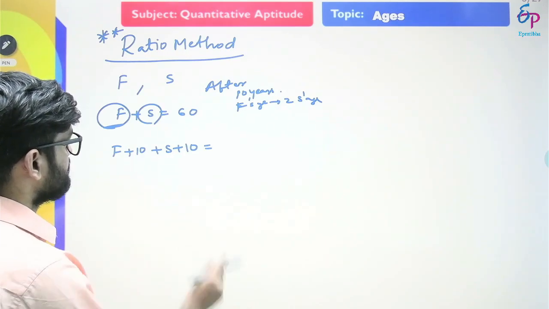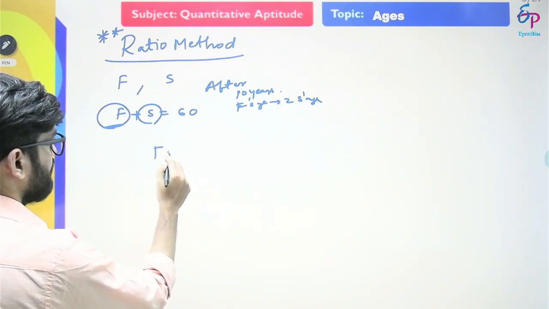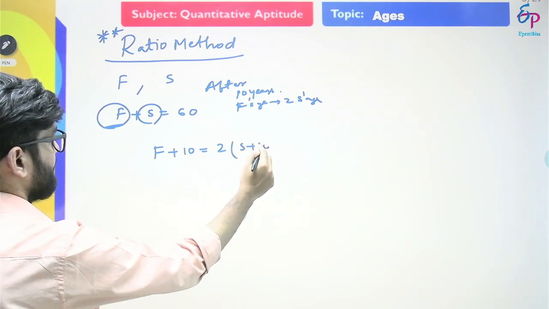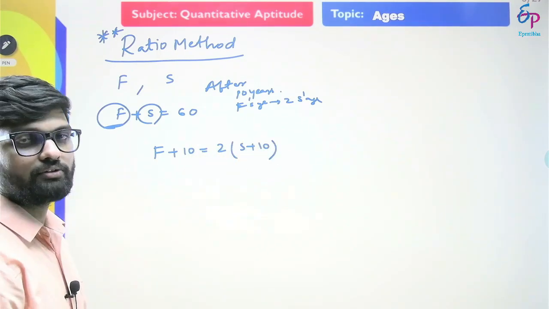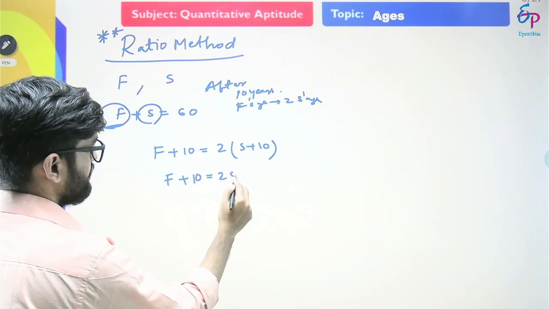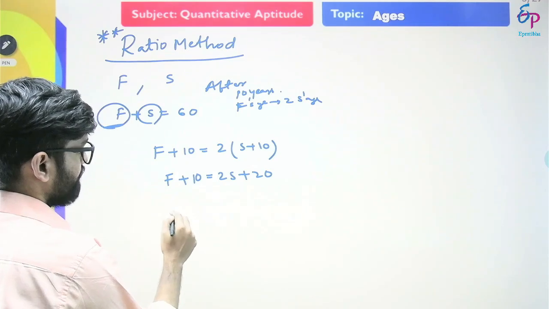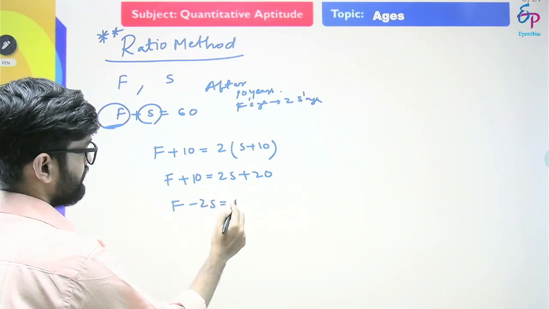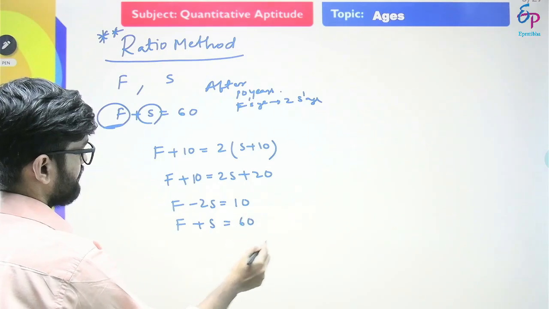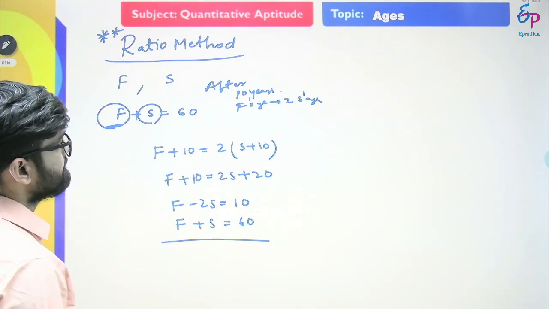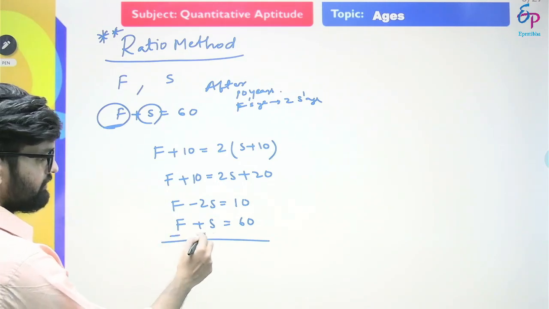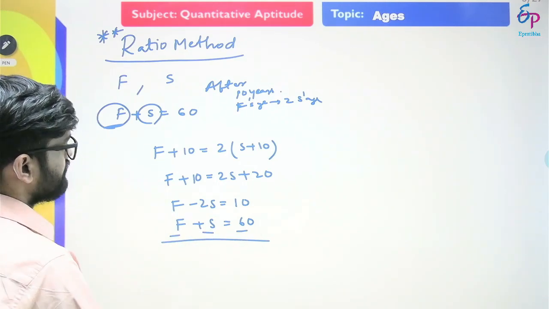After 10 years, age of father is equal to twice that of son. So F plus 10 is equal to 2S plus 20. So F minus 2S is equal to 10. But F plus S is equal to 60. What is son's age? If you take minus, suppose this is 70.